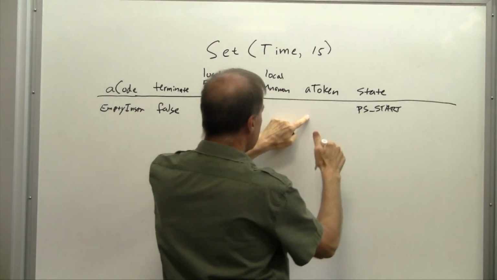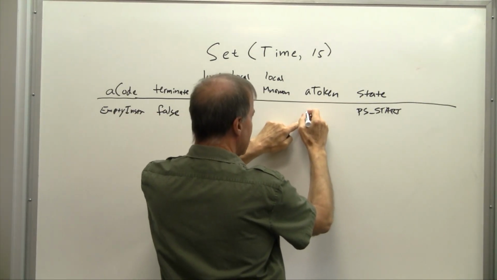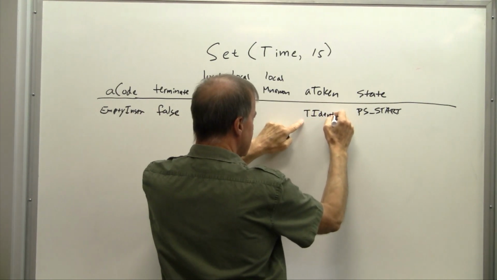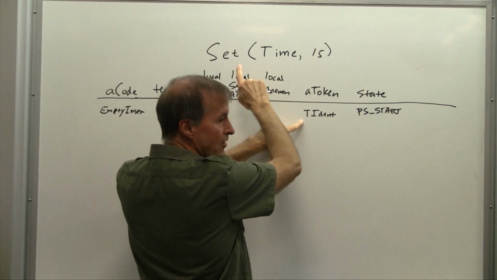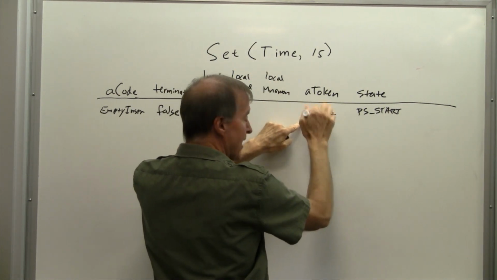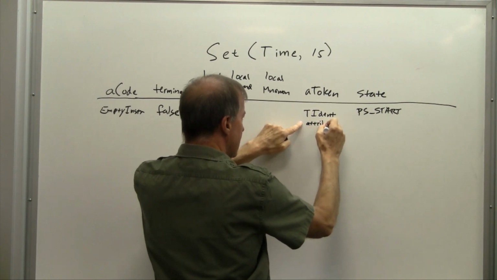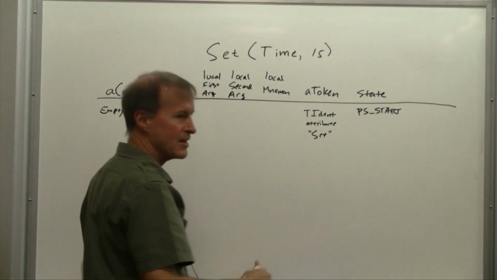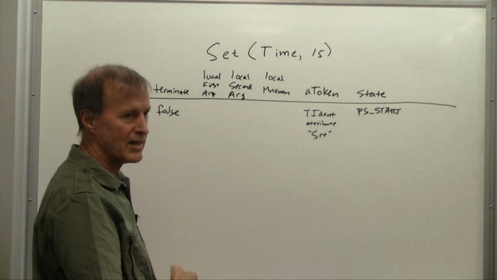So let's just say this is going to be a t-ident, identifier, whose attribute is, quote, capital S-E-T. We're just going to write that symbolically like this. Is everybody clear on that? So it's a token with that attribute.